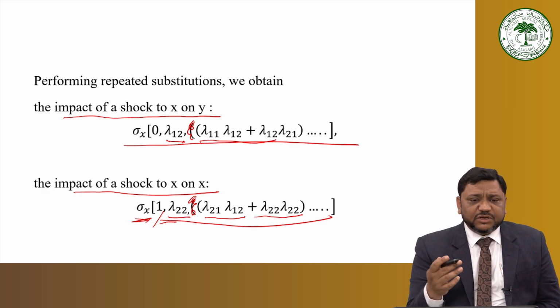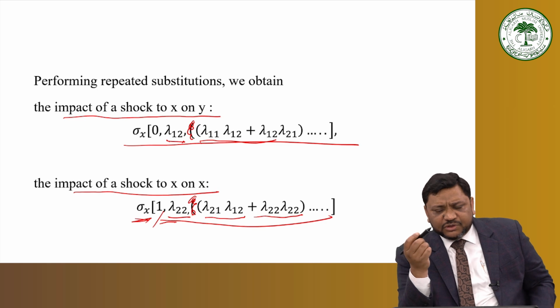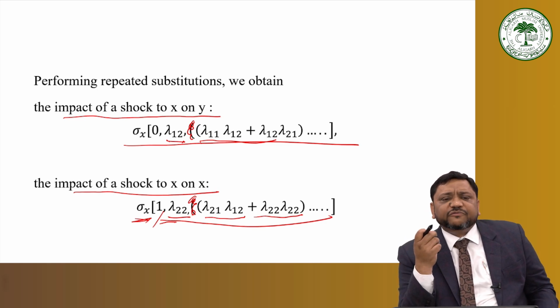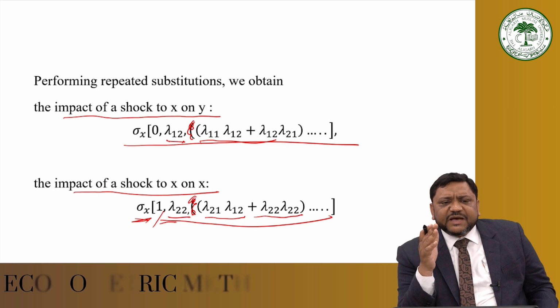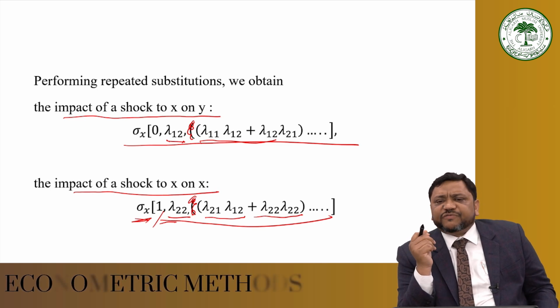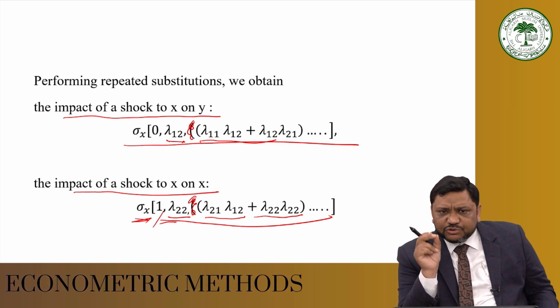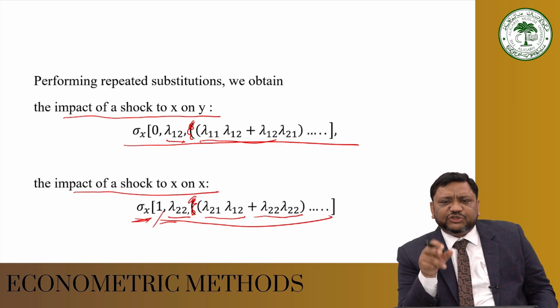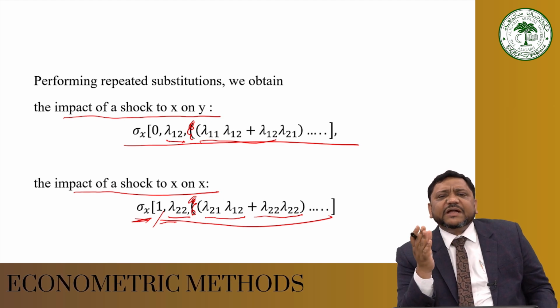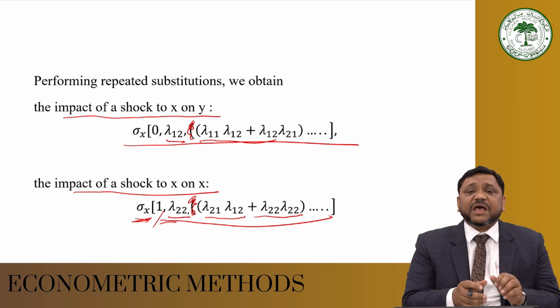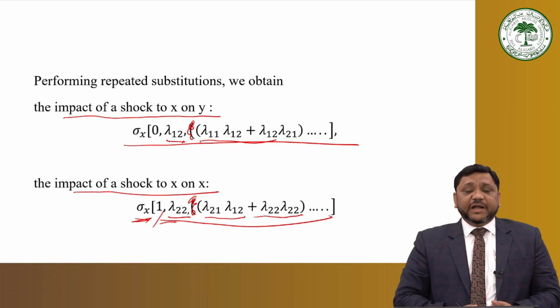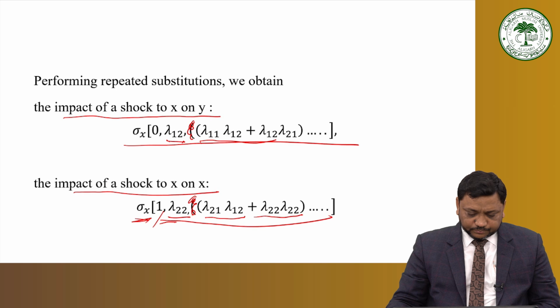So likewise you can generalize and see the impact of a shock to the system. Basically this impulse response function shows the magnitude of the impact of the shock along with the rate at which the shock disappears, and at the same time it also considers the interdependence.